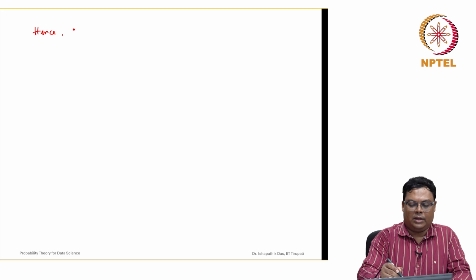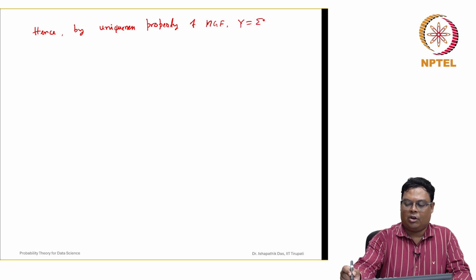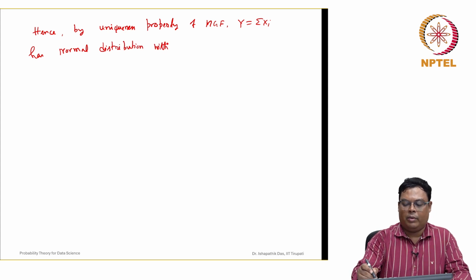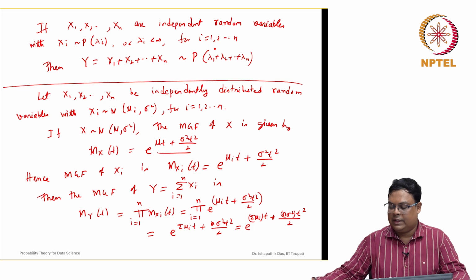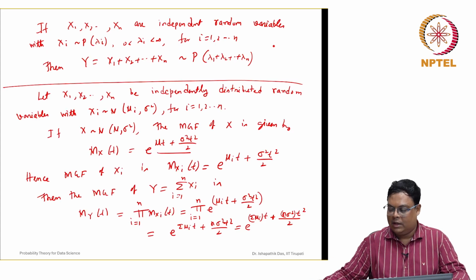by the uniqueness property of the moment generating function, Y equal to the summation of Xi has a normal distribution with mean, from this parameter you can see, the summation of mu i, and variance, sigma square is replaced here by n sigma square.